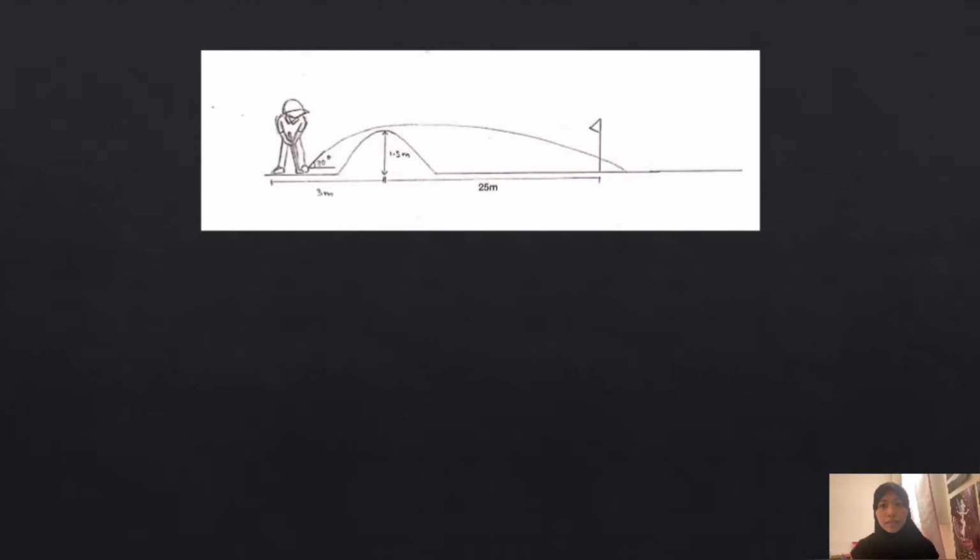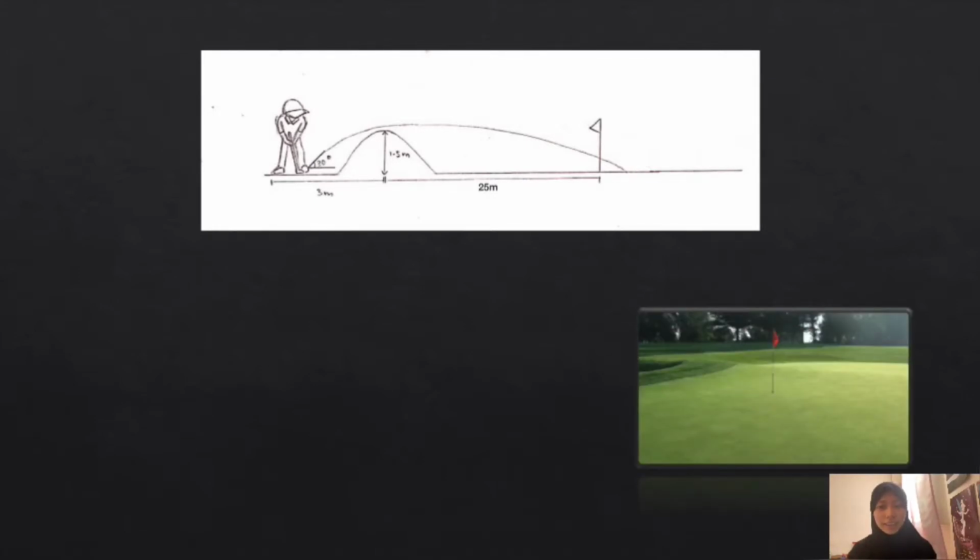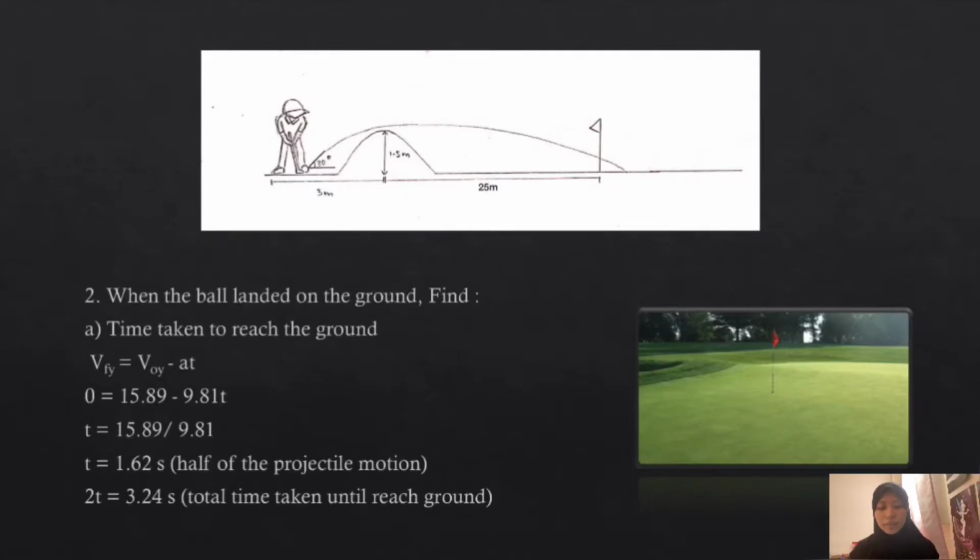Okay, and then when the golf ball passes the hill, it will land on the ground, known as the putting green in golf terms. So when the ball lands on the ground, we can find the time taken to reach the ground. We use the formula vfy equals v initial y minus at. vfy is 0 because when the ball reaches the ground, the velocity will become 0.